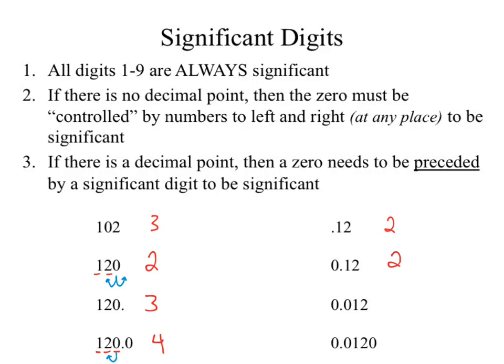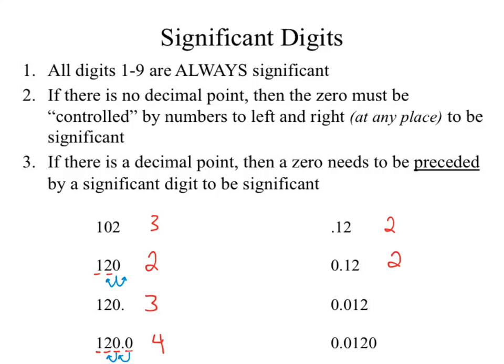Now that it's significant, I can underline it, move to the next number across. I run into another 0. I look to the left of it. What do I have? A significant digit. Because it's a significant digit, what does that make that last 0? Significant. I now have 4 significant digits.